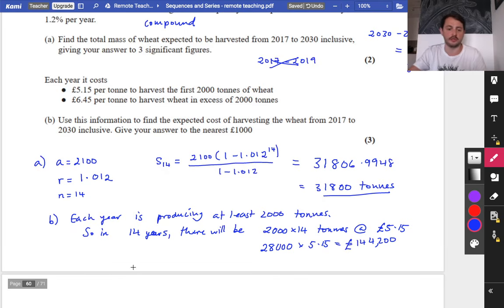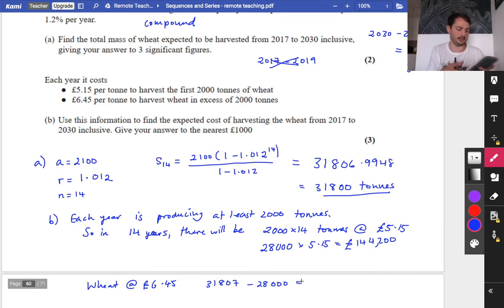Now, if 28,000 is being done at the cheaper price, we can work out how much is not at the cheaper price. So the wheat at £6.45, well, if there is 31,807, I've just rounded that, and we've already paid for 28,000, 31,807 minus 28,000.